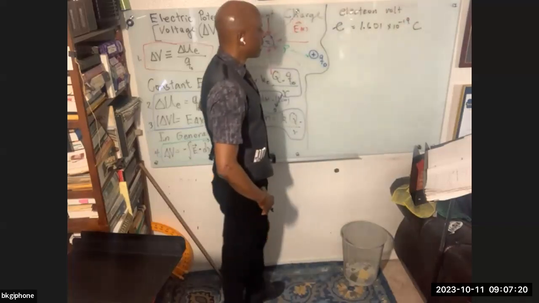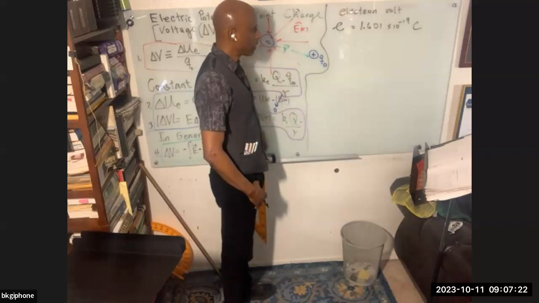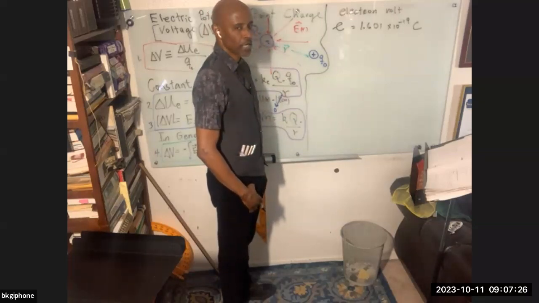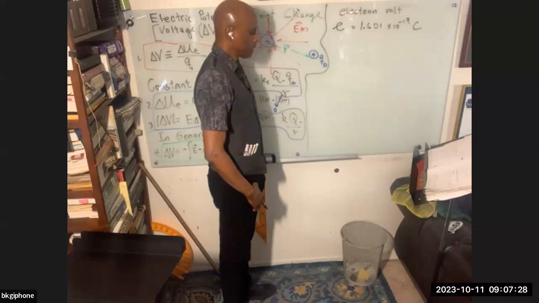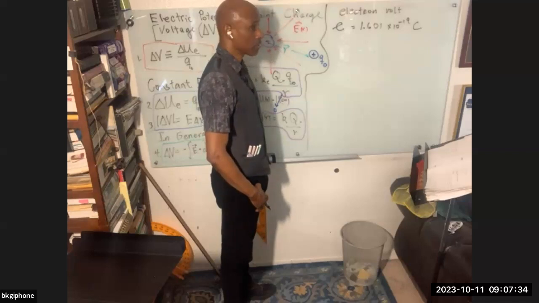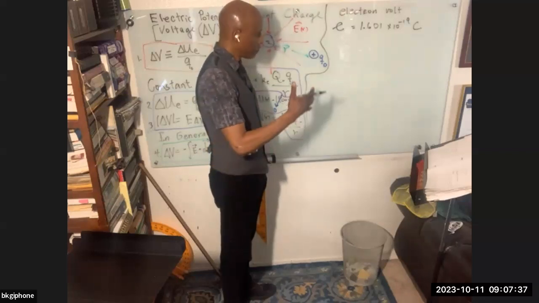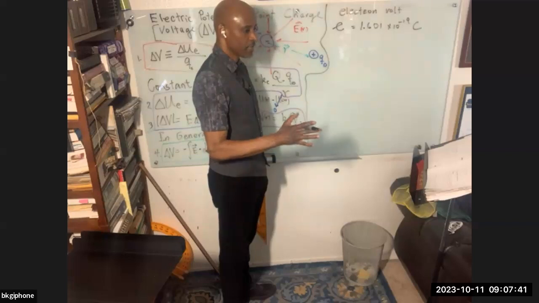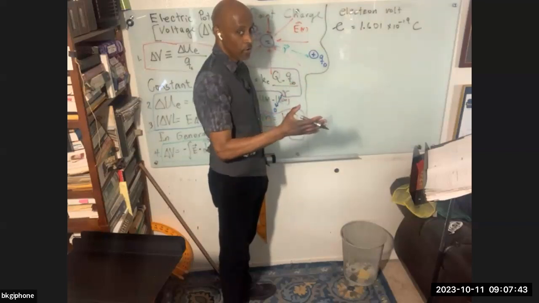So when we say electron volt, we are comparing the charge on an electron to the amount of electrical energy that charge has. Again, charge and energy are completely different concepts in the same way that mass and weight are.